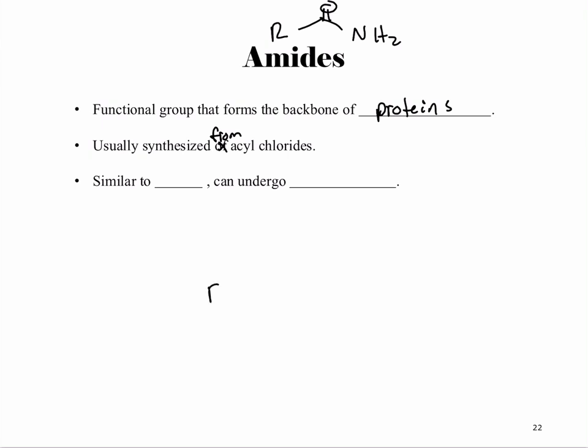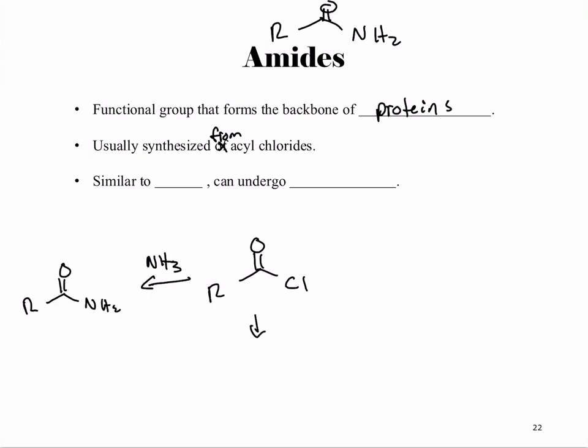And so from an acyl chloride, we can get different classifications of amides. We can have different substitution patterns, so we can have mono or disubstituted amides. If we have ammonia as our nucleophile for the nucleophilic acyl substitution, we will end up with an unsubstituted amide.